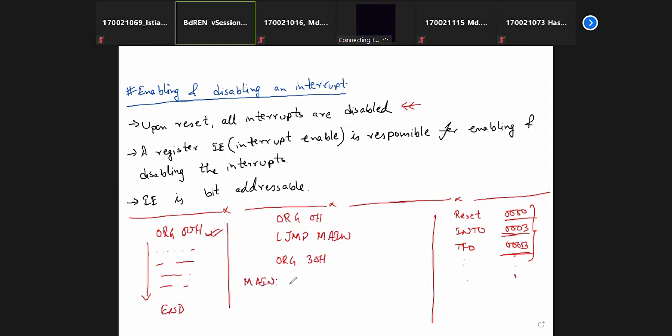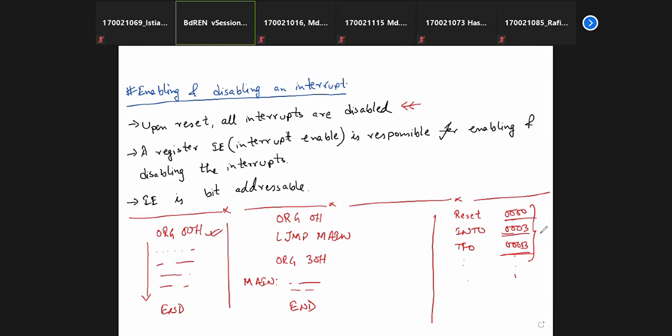So this is your main. You write your codes and you finally end it. In this chapter, you will see that all the codes will start in this fashion. It will have a long jump to main, and your main will start from a safe address, which is quite far beyond the addresses which are set aside for the interrupts.